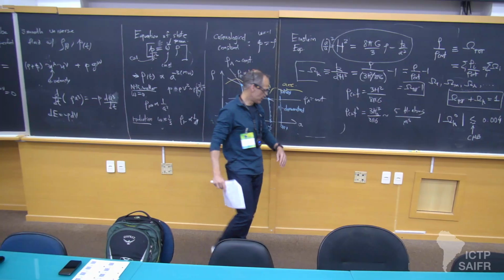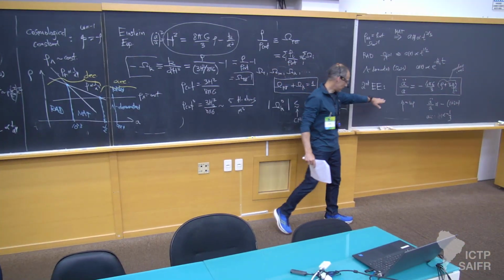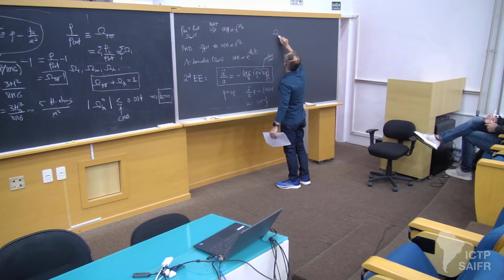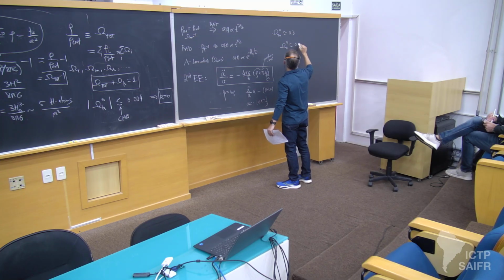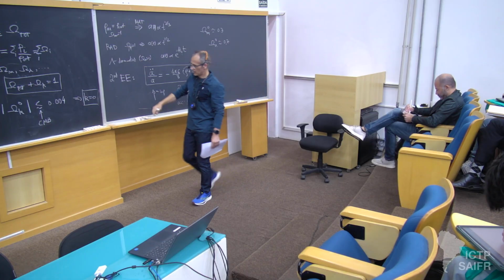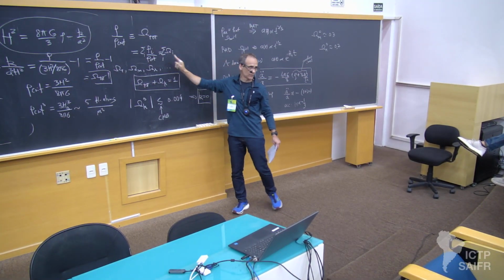I have a universe which is spatially flat and dominated by a cosmological constant. Today, the values of the cosmological parameters: we live in a universe which is spatially flat, so the sum of all these omegas must add up to 1.